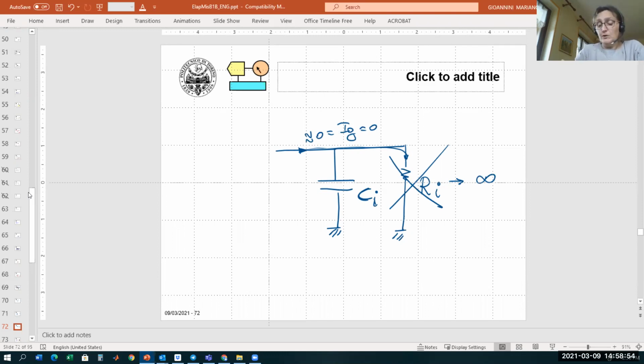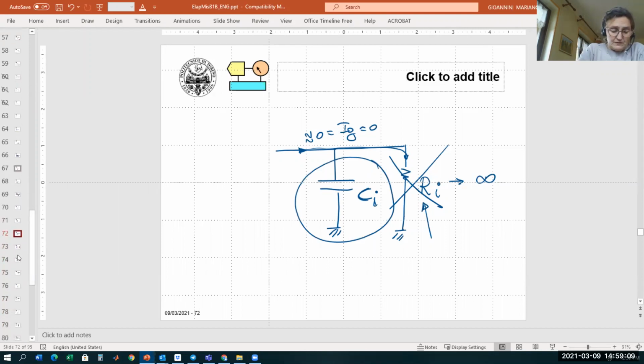The important point is that whereas we can neglect the input resistance, the input capacitance cannot be neglected. Clear?